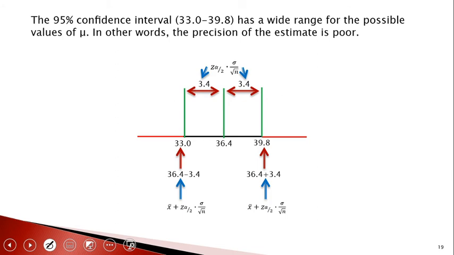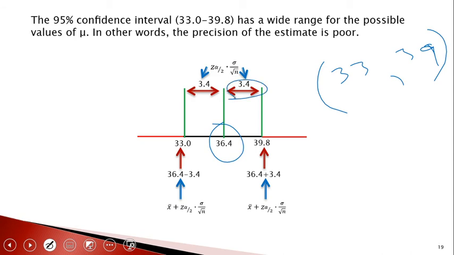Okay, now see 33, 39. So these are the values, right? X bar, what is the x bar? X bar is 36.4. So the gap between these two values is 3.4, right? So this is x bar plus 3.4, and this is x bar minus 3.4, right?